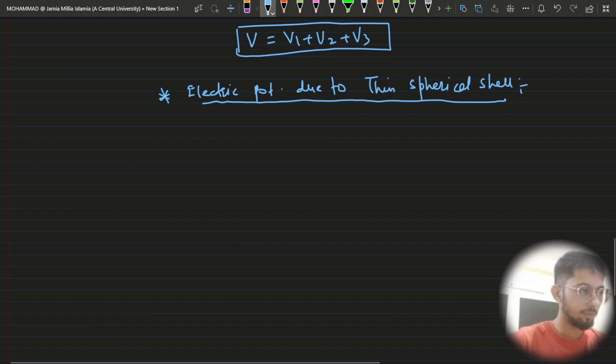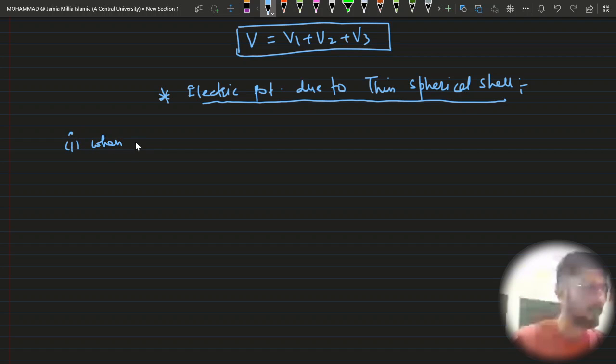Alright, so there will be three cases again for the spherical shell. The first is when the point P, where we want to find the potential, lies outside the sphere.